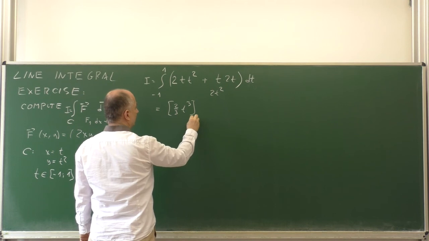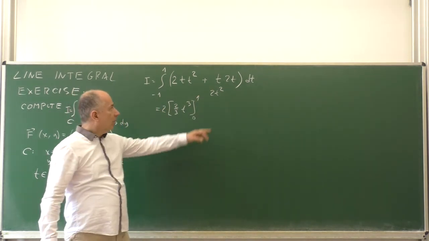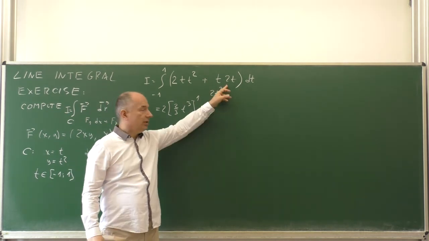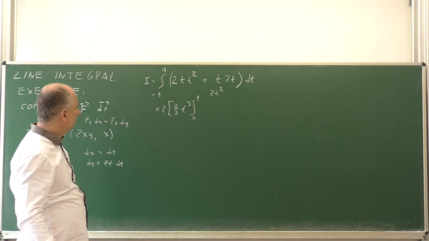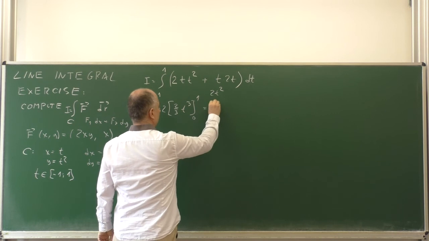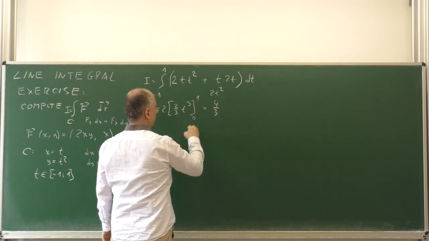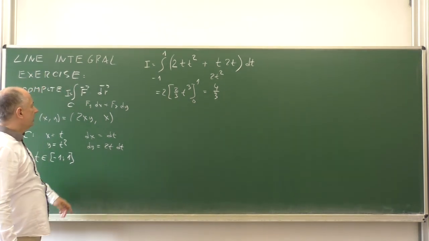And we can consider the integral from 0 to 1 and multiply by 2, because the integrated function, this term, is an even function. Evaluated at 1 gives 4/3. Evaluated at 0 gives 0. So this is the result of this line integral.